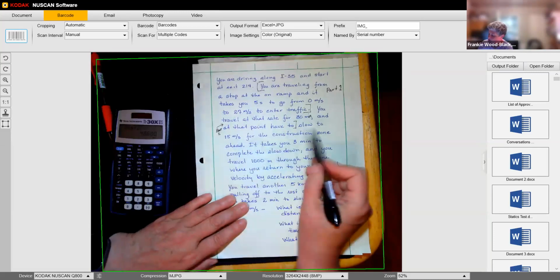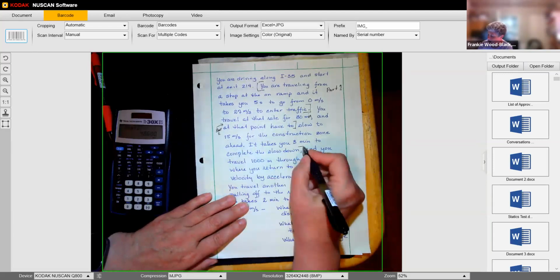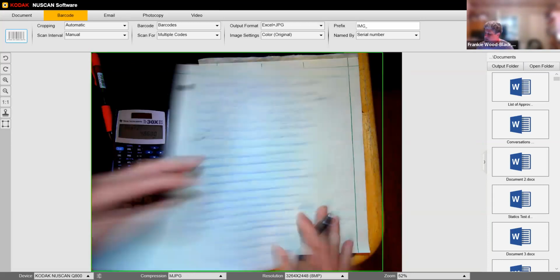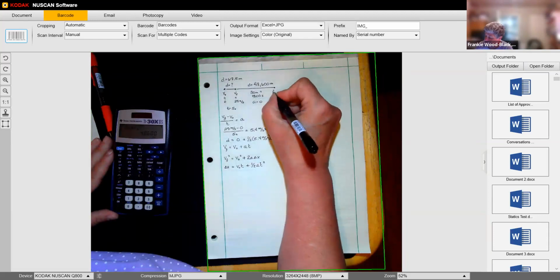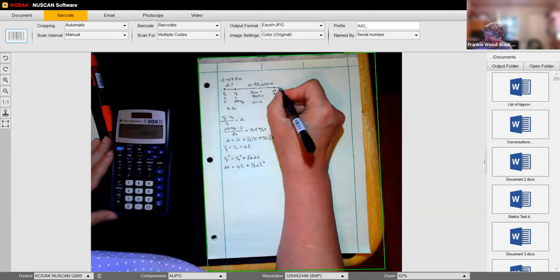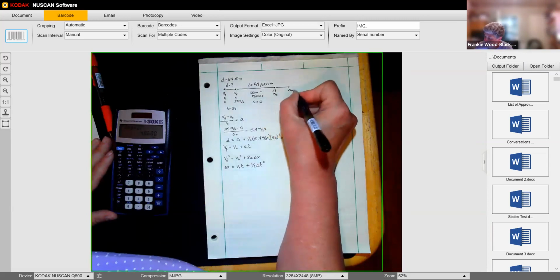So now we have to slow to 15 meters per second, and it takes us 3 minutes to do that slowdown. So this is a deceleration for this one. So we're going to go from our 27 meters per second to 15 meters per second.